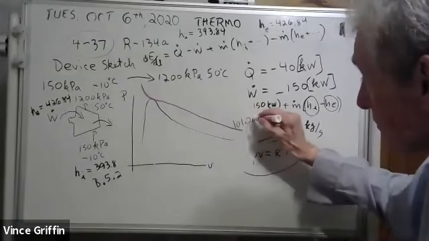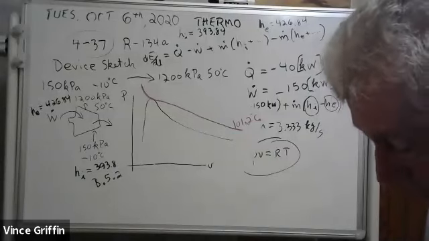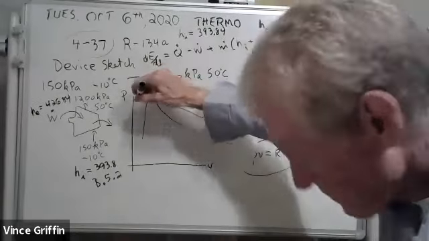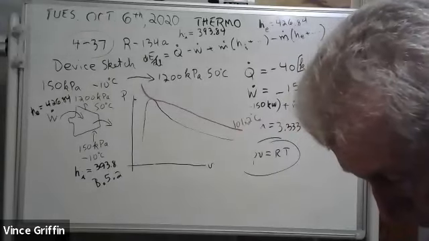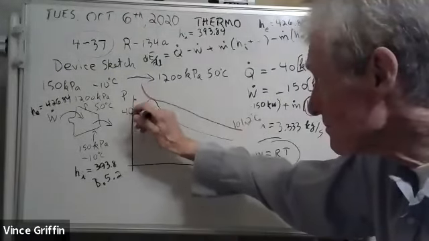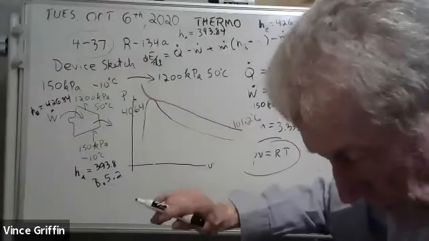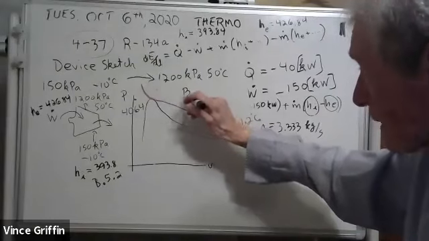That's the critical temperature. And this pressure here at the top of the dome is 4,064. I'm looking at table B.5.1.